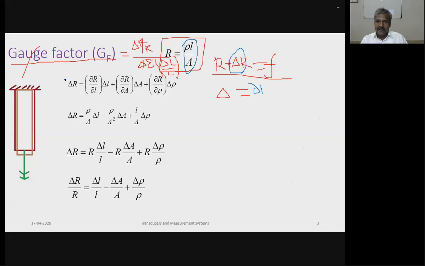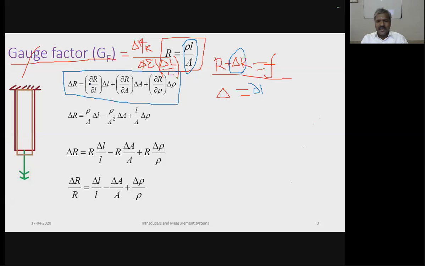The limiting error for the computed quantity, the function, here is resistance. So delta R equals dou R by dou L into delta L plus dou R by dou A into delta A plus dou R by dou rho into delta rho. Please refer to the first unit for the propagation of limiting error topic. We simply take the same expression here to derive the relation for gauge factor.